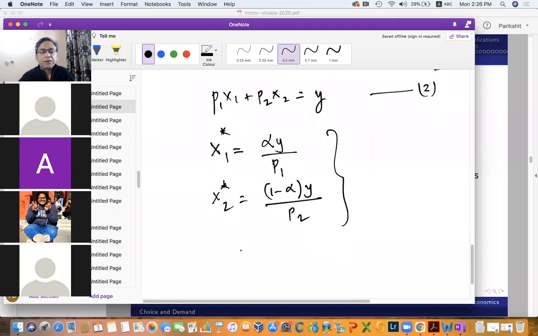Okay, now, one implication of this is P1 times x1 star equals alpha Y, P2 times x2 star equals (1 minus alpha) Y. Okay, so what is the income elasticity of each good?